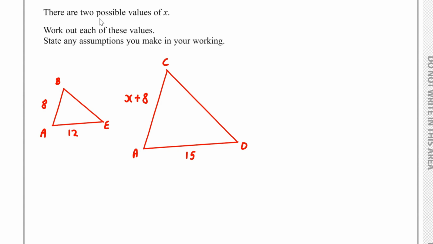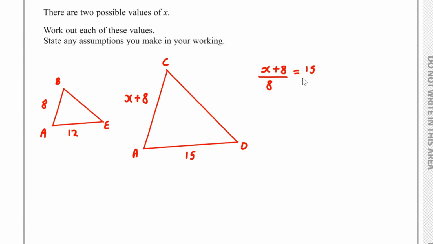So, in other words, the corresponding sides will be similar by a scale factor. So for that scale factor, we would have x plus 8 over 8 equals 15 over 12.